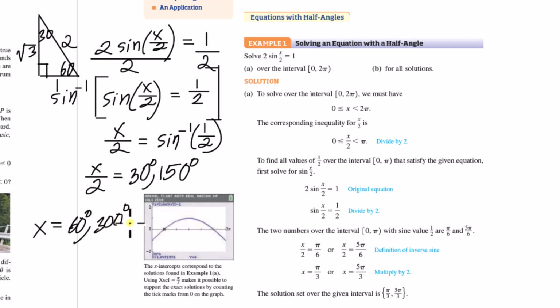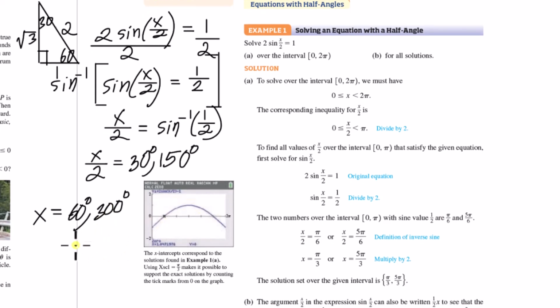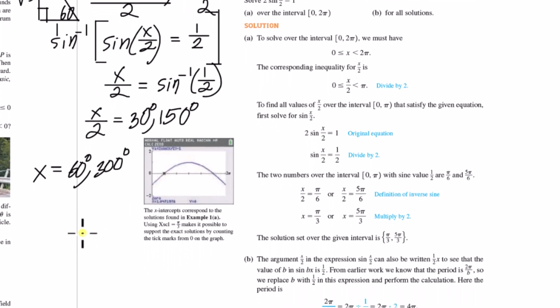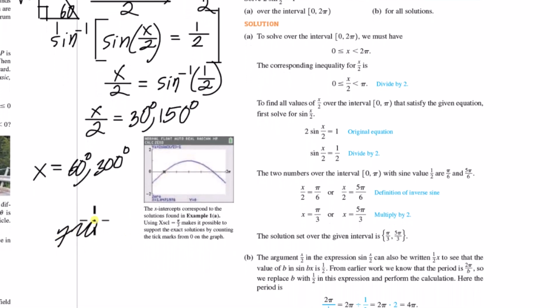But then does that mean that it's 60 degrees, 300 degrees, and any angle that's coterminal with 60 and 300? I guess maybe we could say that. So 360 plus 60 is 720. And 720 divided by 2 is 360. Is 360 a part of this? No, it's not.